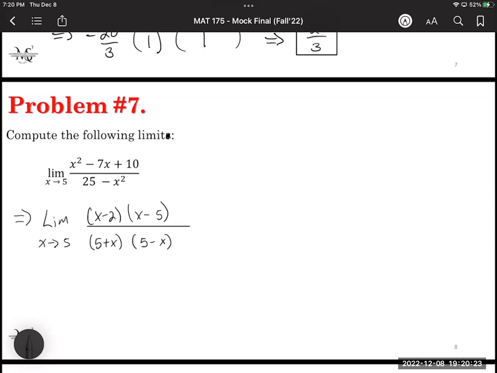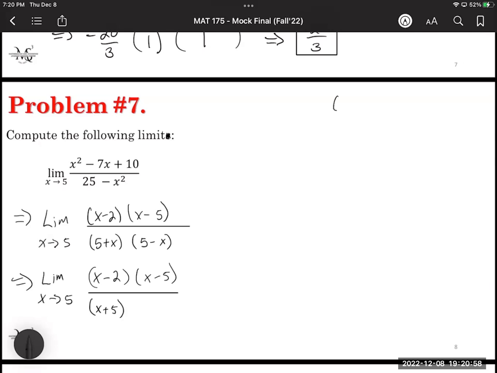So observe. I'm going to continue writing my limit because I didn't evaluate it yet. Your numerator is x minus 2, x minus 5. That stays the same. But this denominator, where you have 5 plus x, can become x plus 5. Now 5 minus x, if you want to rewrite it where the variable goes first, then the constant, note that the negative goes in front.